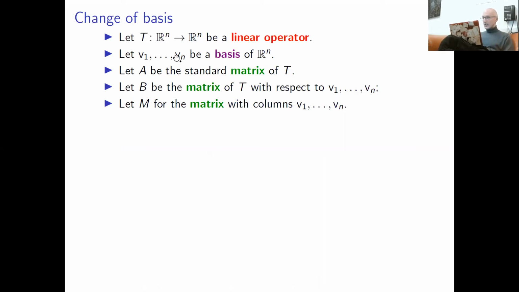Here it's denoted by A. This is a matrix obtained in a very simple way. You take your standard basis consisting of vectors e1, e2 up to en. You apply your linear operator to these vectors. You have n new vectors. You put them in as columns of some matrix. This is your matrix A.